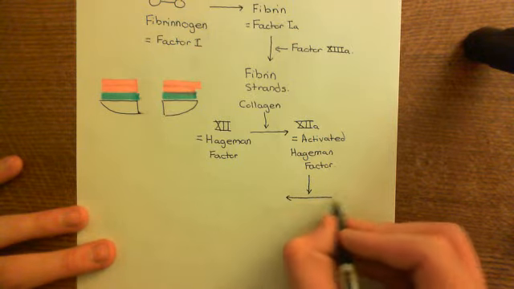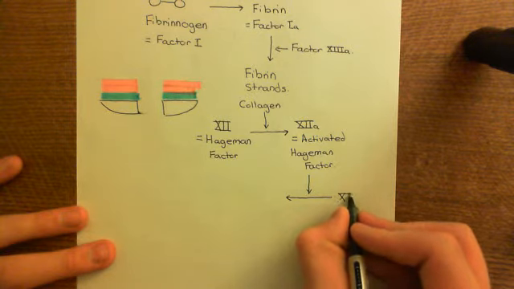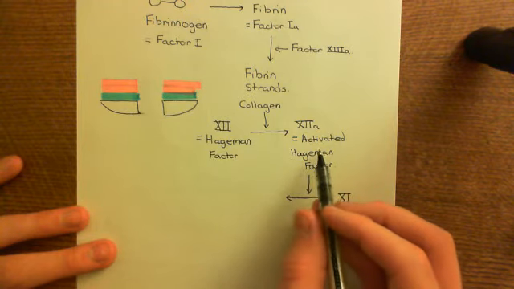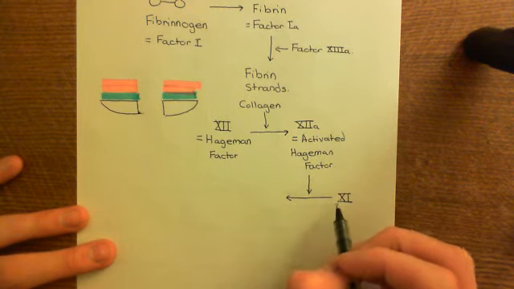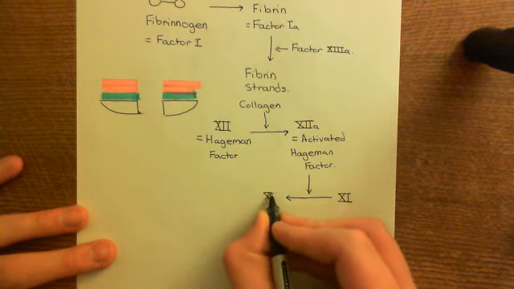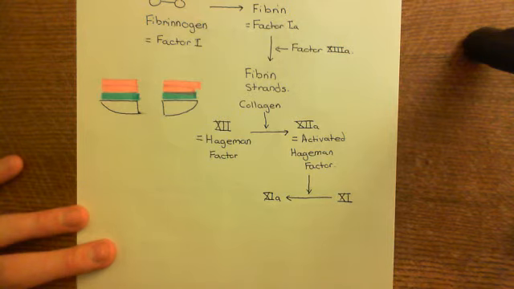There is another protein within the blood, again a normal component of the blood, and it's known as factor 11. However, when factor 12 becomes activated, it will start activating factor 11. So it will change factor 11 to factor 11A.